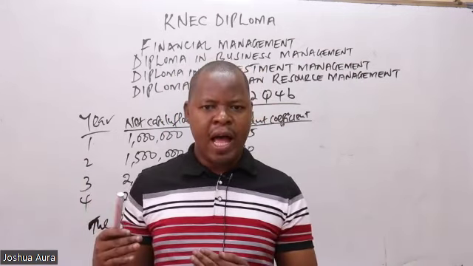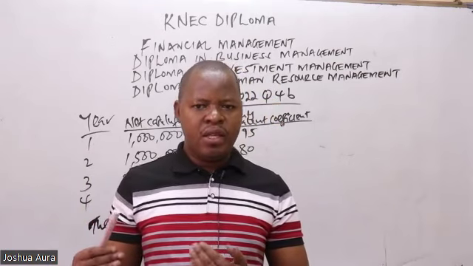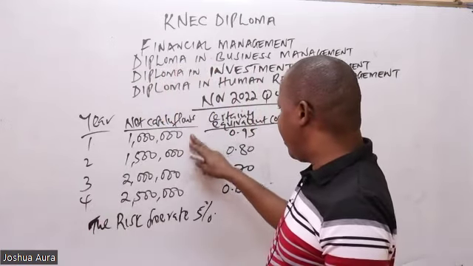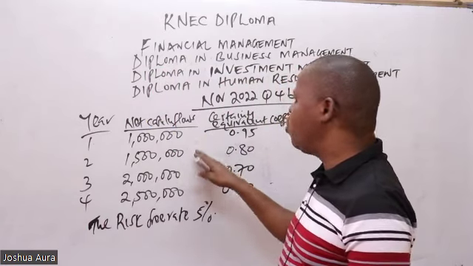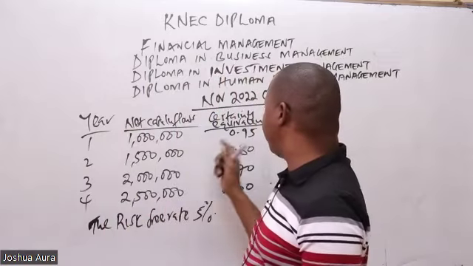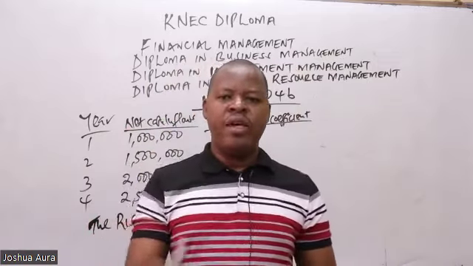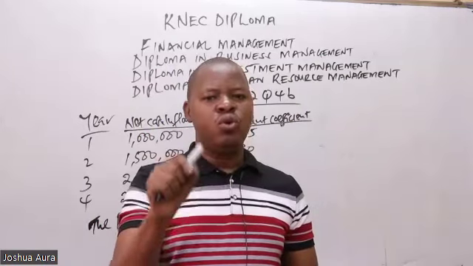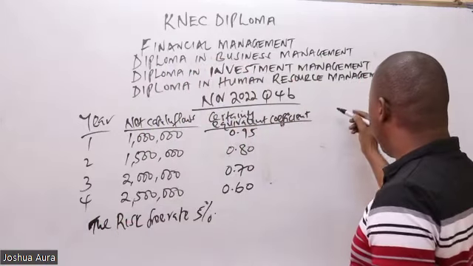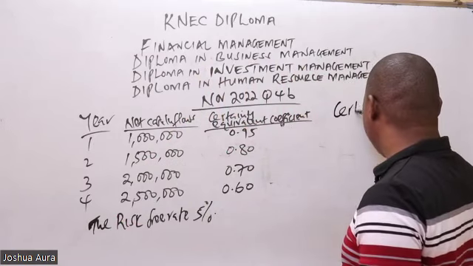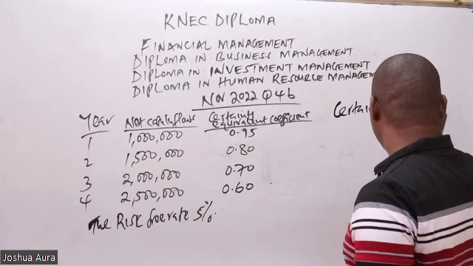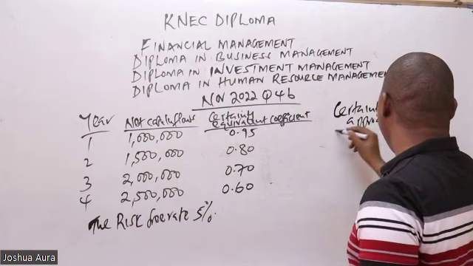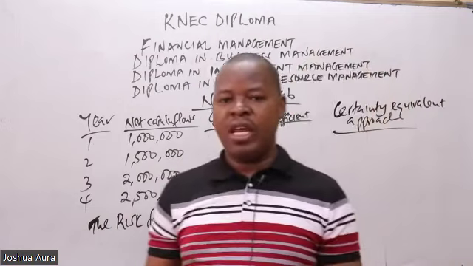In this case, when the examiner has given you the certainty equivalent coefficient, the examiner wants you to use the certainty equivalent approach to determine the NPV of this project.